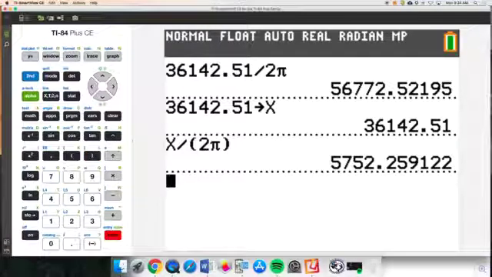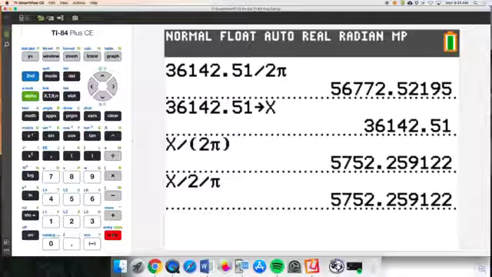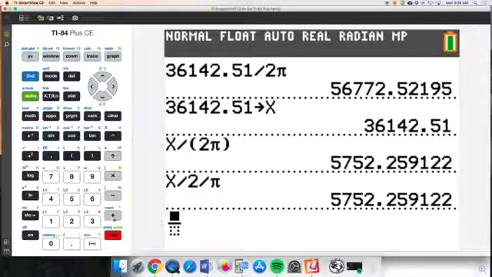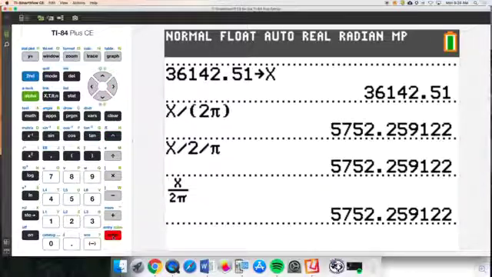Or you take that number, 36142.51, and you divide it by 2, and then you divide it by pi. Divide by 2, divide by pi, because they're both in the denominator, and you get the same answer. Or you can use alpha y equals number 1 and the horizontal division bar. You say the number, and now you just cursor down, and you say 2 pi. Notice now the 2 and the pi are both in the denominator, and you get the same answer.